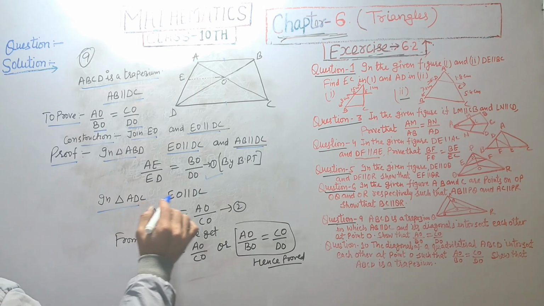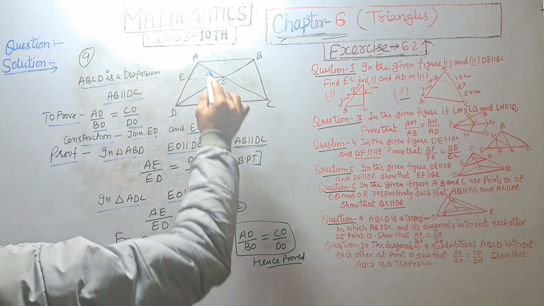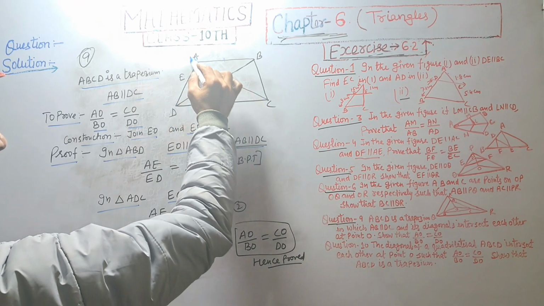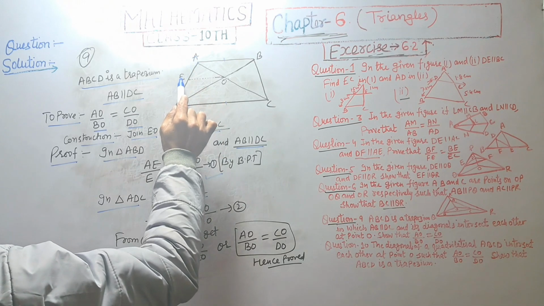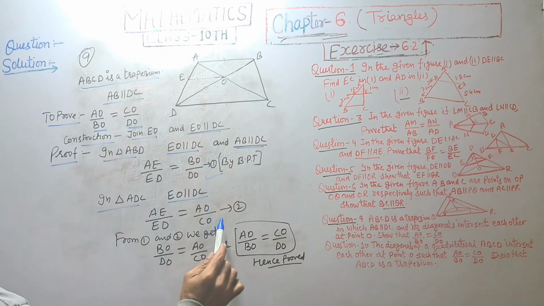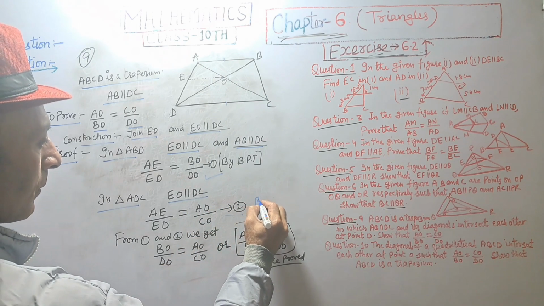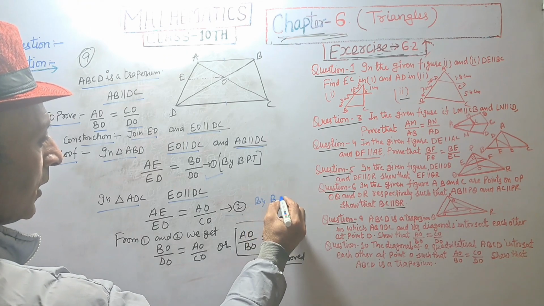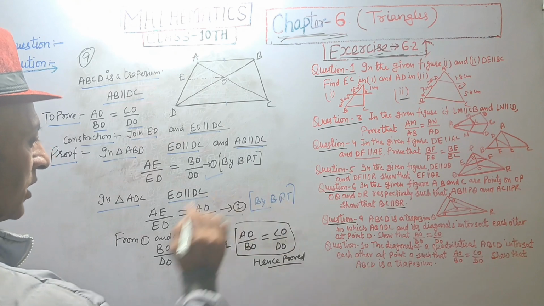And in another triangle ADC, EO is parallel to DC. In triangle ADC, AE upon ED is equal to AO upon CO. It's equation number second, by BPT, basic proportionality theorem.